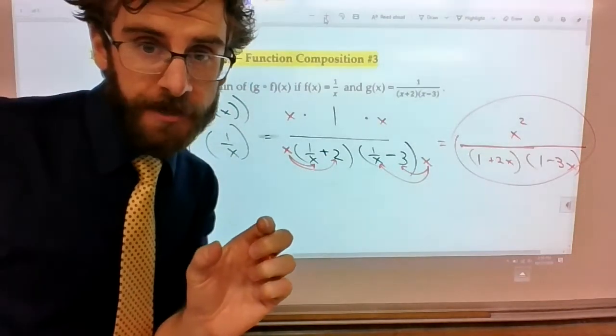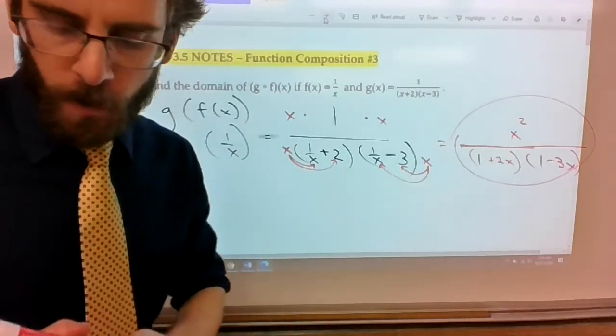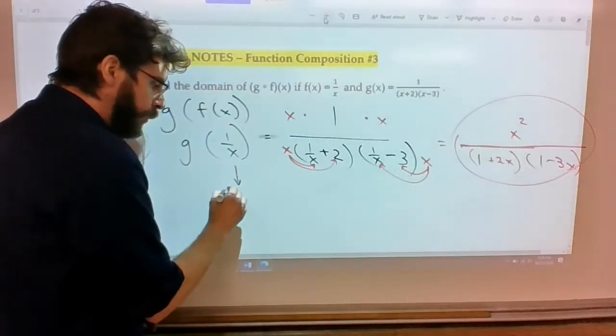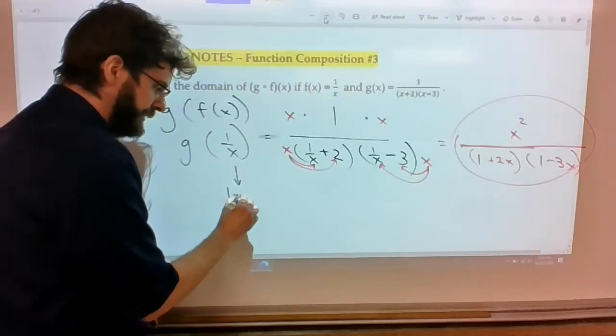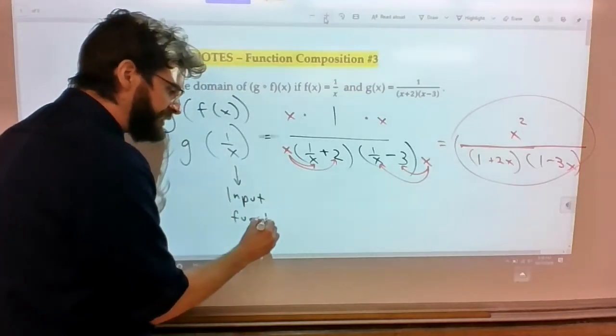Now the question was, what's the domain of this function? Well, there's a two-pronged approach. You first have to say, what's the domain of the input function? Well, the input function cannot equal 0.